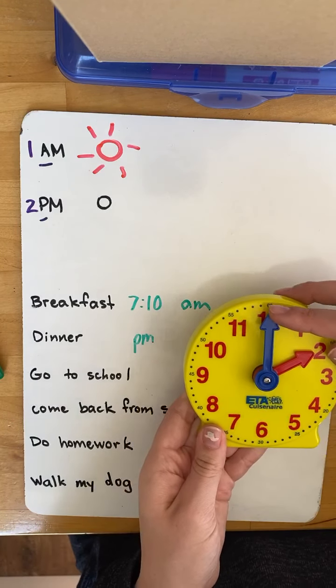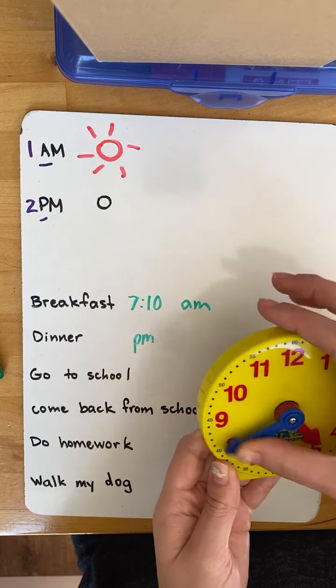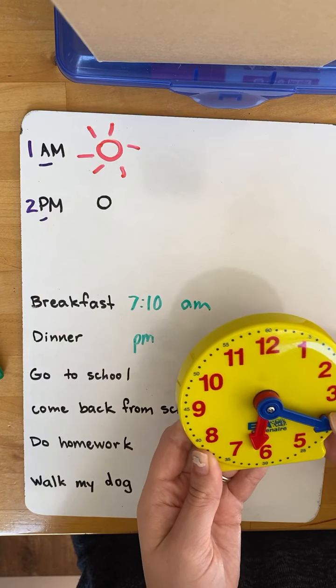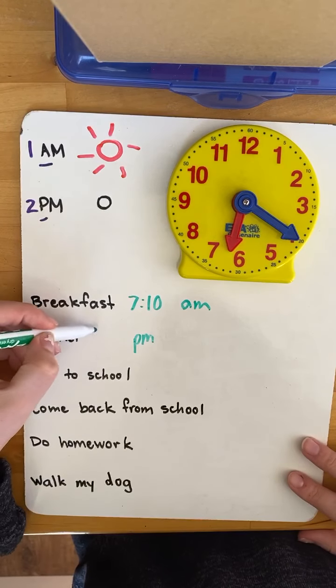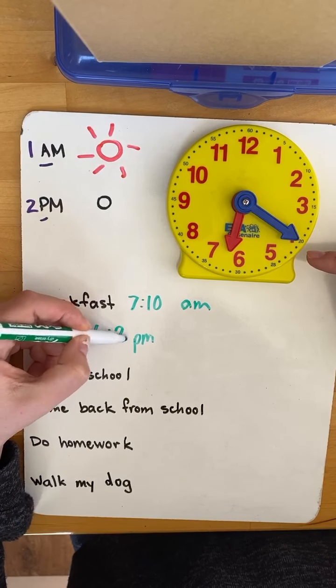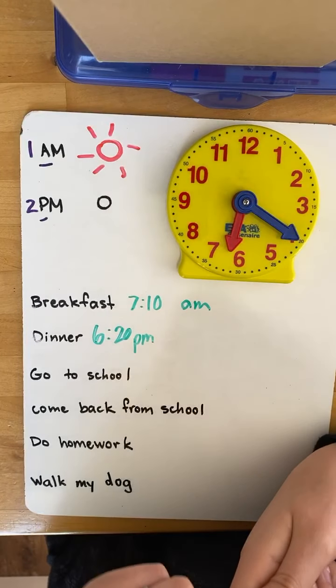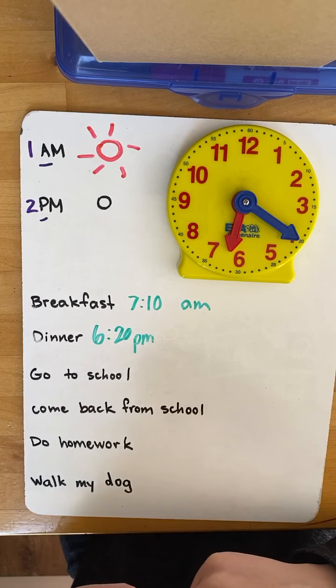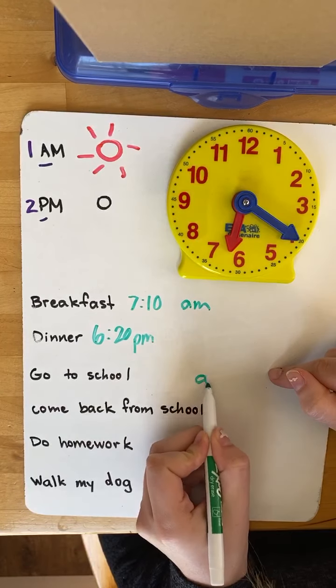So PM is dinner. And we are at what time for dinner? This time, which would be 6, 5, 10, 15, 20, 6:20 p.m. When I go to school, would that be AM or PM? That would be AM.